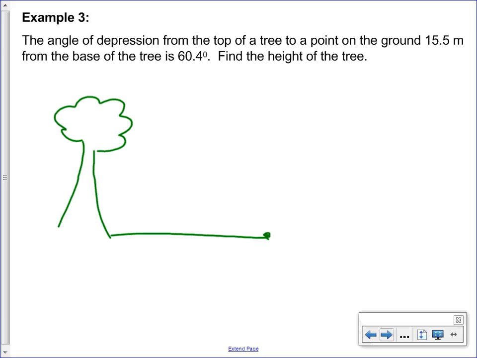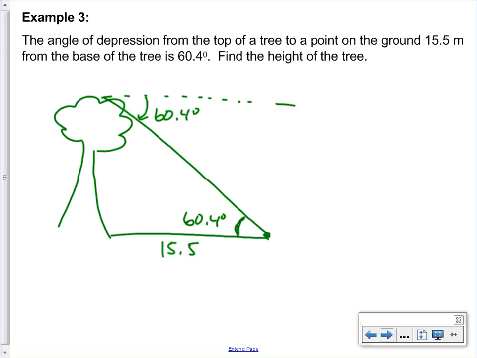From the top of the tree, there's a point on the ground that's 15.5 meters away. And it gives you the angle of depression, so that's from the horizontal, you're looking down, this is 60.4 degrees, so therefore this angle has to be 60.4 degrees.